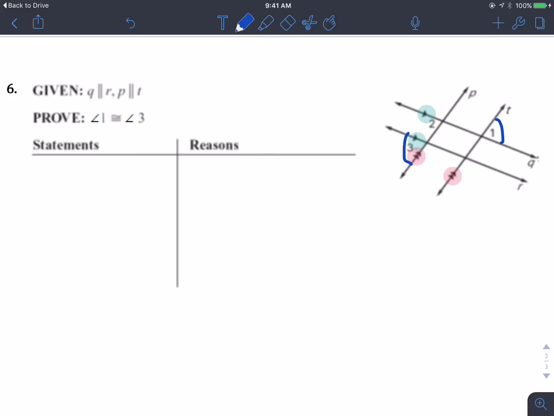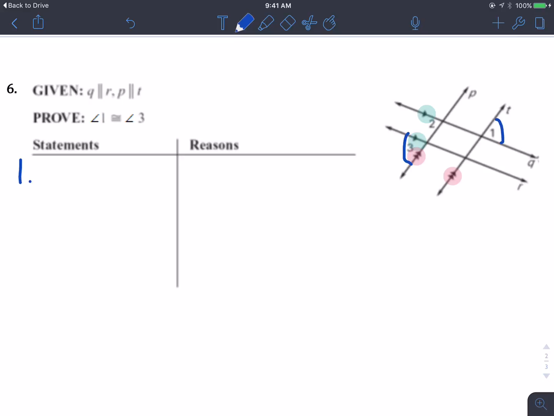So looking at the picture, these are not alternate exterior angles. I know a lot of people want to put that because they see they're both outside the parallel lines, they're on opposite sides of the transversal, but the problem is they're not on opposite sides of the same transversal. So that's why we can't do alternate exterior.